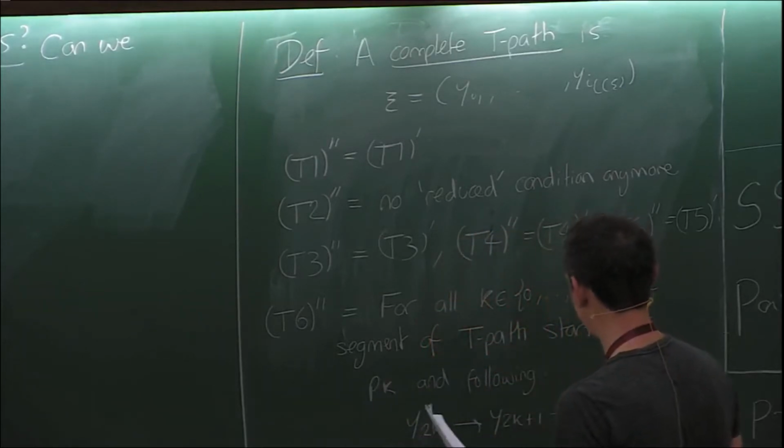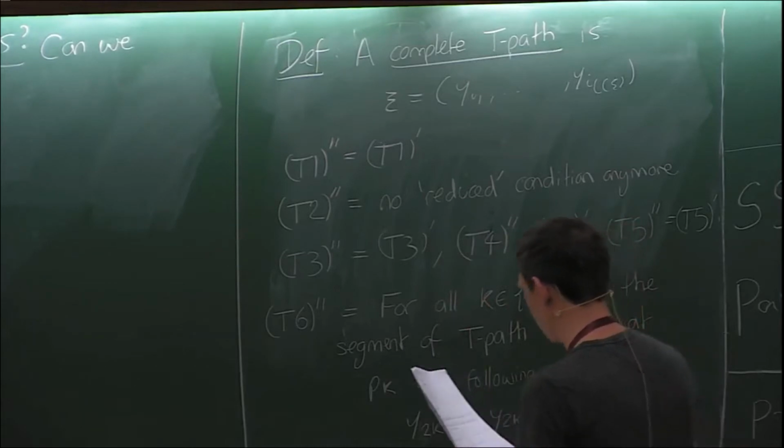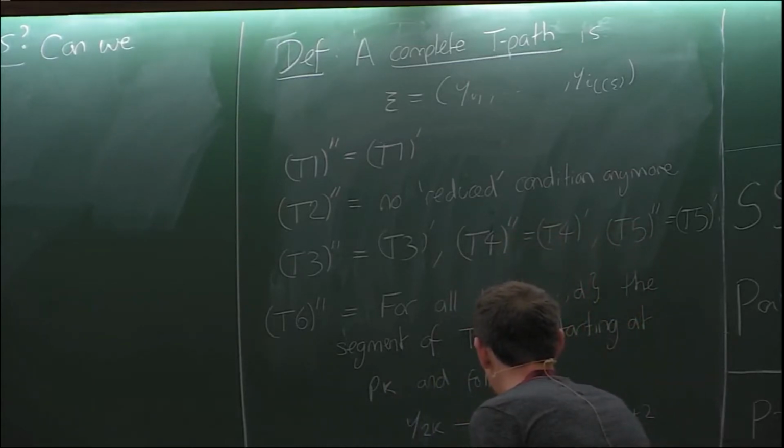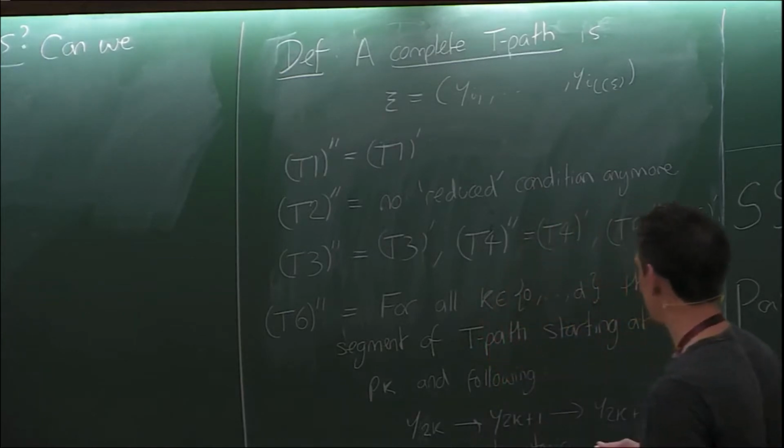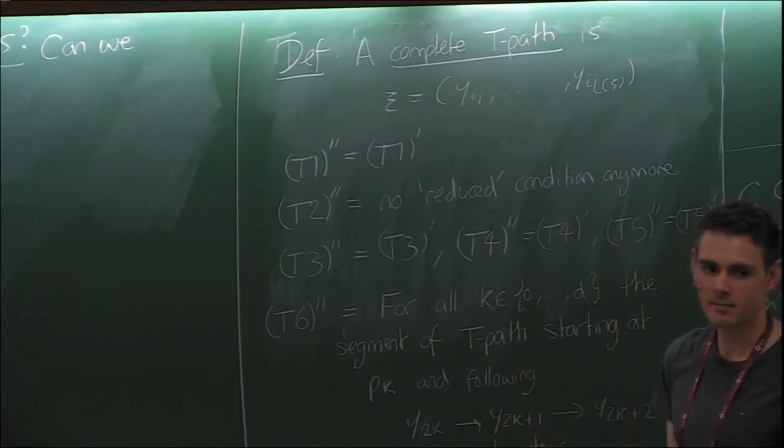So this segment of t-path is homotopic to the segment of alpha between pk and pk plus 1.